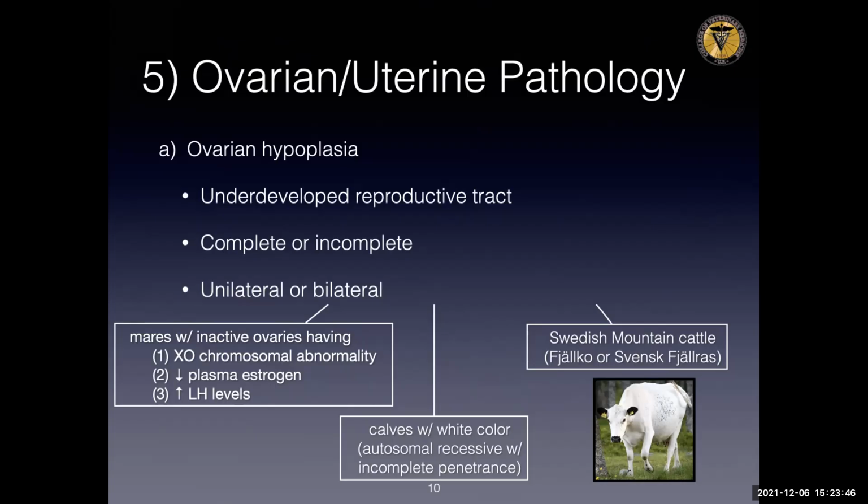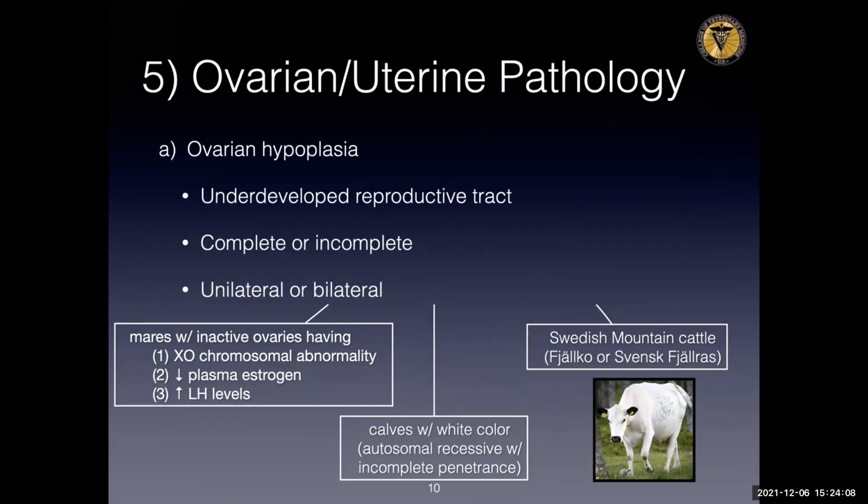Incomplete penetrance means it is not present in every generation. It skips a generation, such that when it was observed in the grandparents, it may not be present in the parents, but will be seen in the grandchildren.